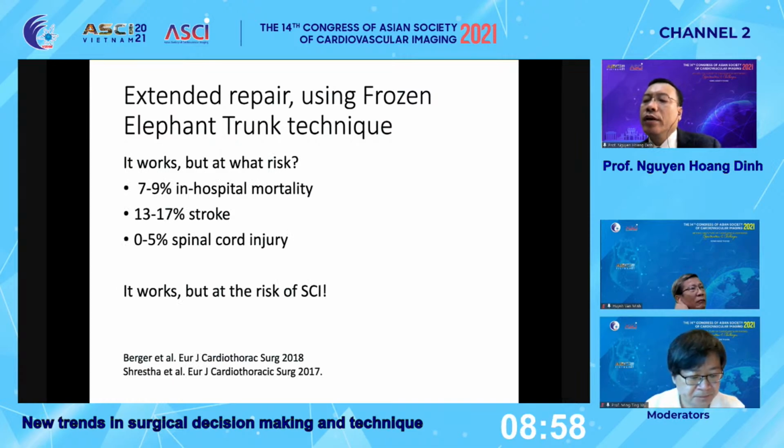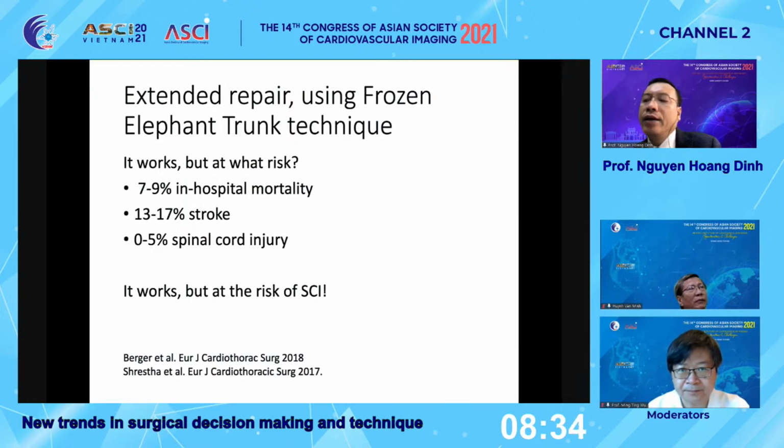But it comes with an increased risk of stroke and spinal cord injury. We can see here the spinal cord injury rate is about 5%. And above all, increased surgical complexity, which is especially important because, as you know, these patients typically require emergent surgery in non-ideal timing.